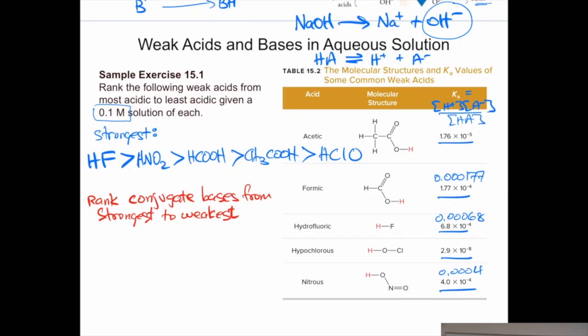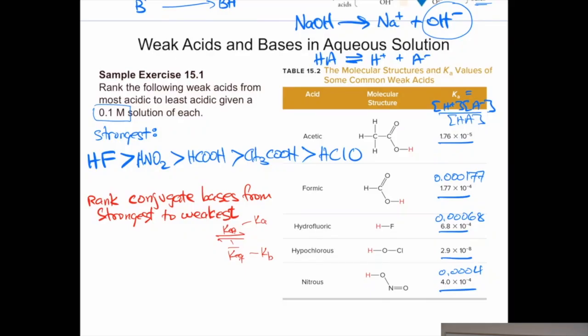Why is it just the opposite? Because it's the inverse Ka. That's right. Because in this direction, if this is Keq, and in this direction it's 1 over Keq, which of course we're saying this is the Ka, and that's the Kb. So it's going to be just in reverse.